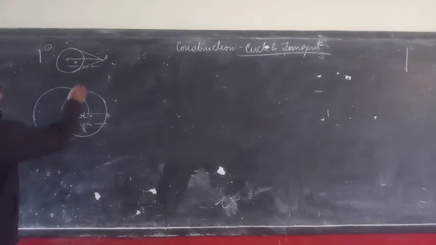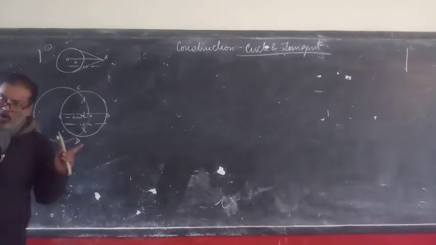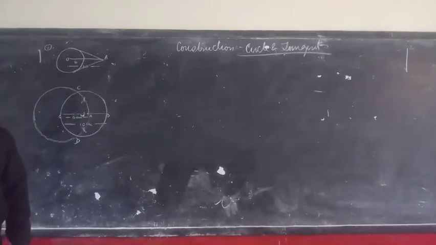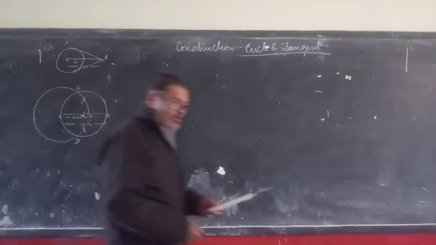Let these points be C and D. Mark the intersecting points of the second circle on the first circle as C and D.